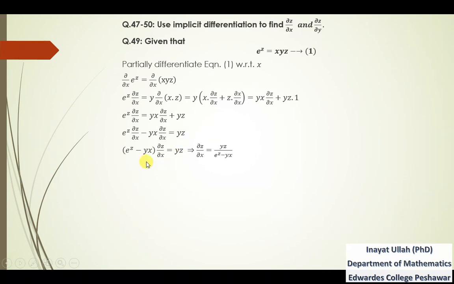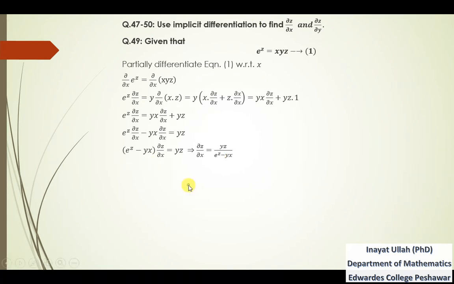And in order to find del z del x, we need to divide by e^z minus yx towards that side. So del z del x will be equal to yz divided by e^z minus yx. So that is actually del z del x.